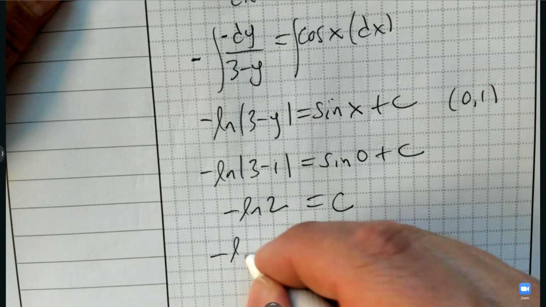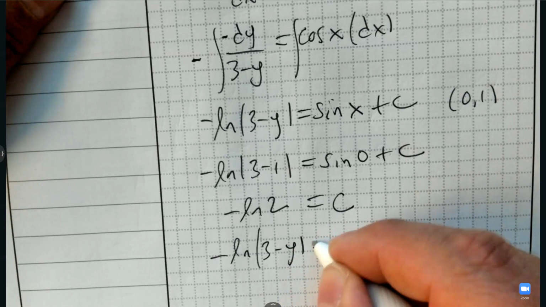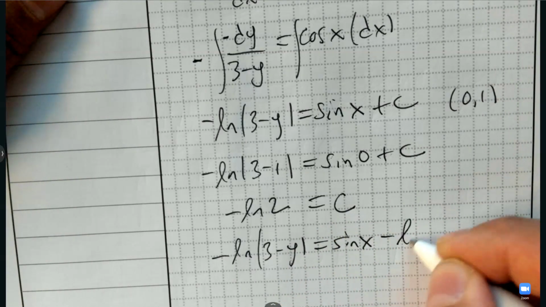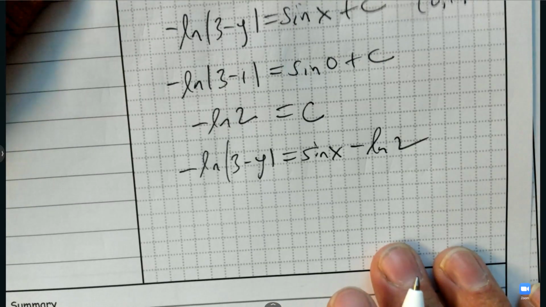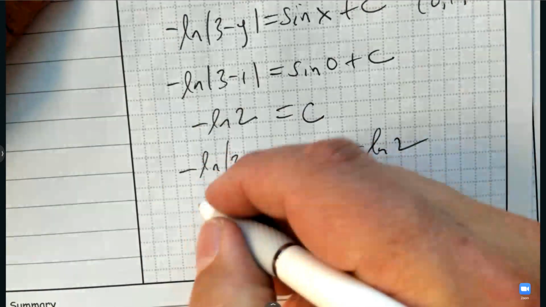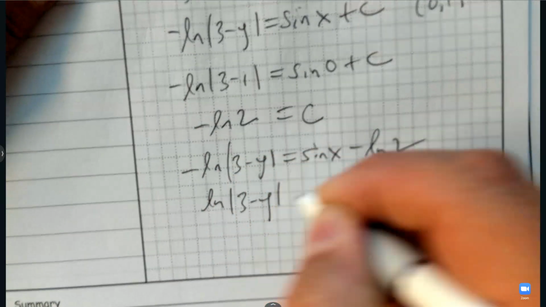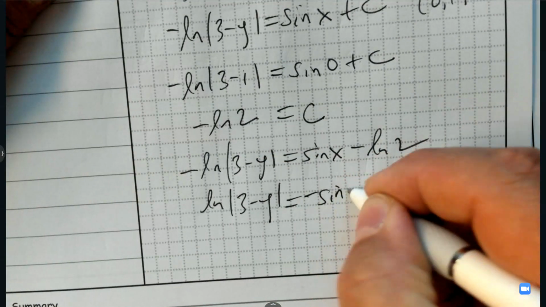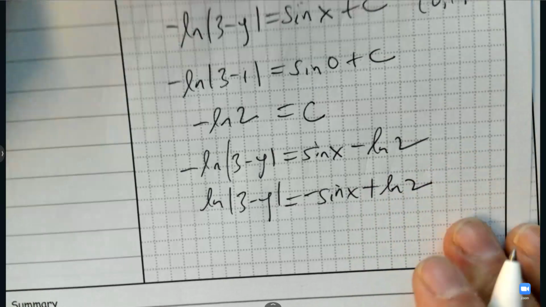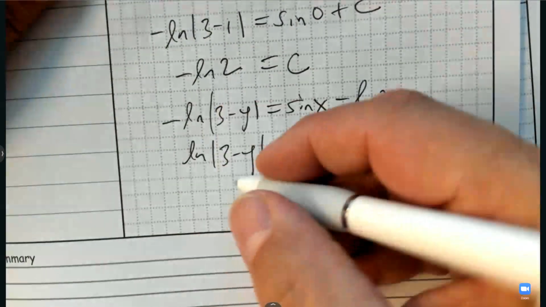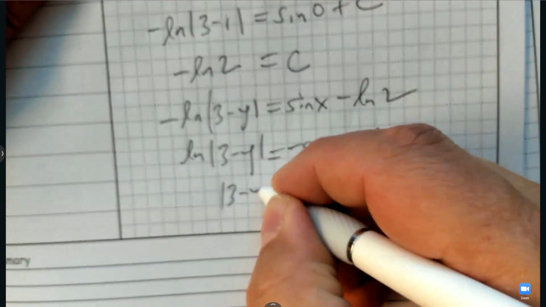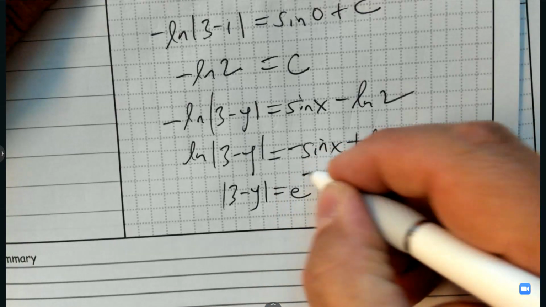So now I'm going to go back into the equation and solve for y. So I'm going to divide by negative 1 to begin with. To solve a logarithmic equation, I write it as an exponential. The base is e.